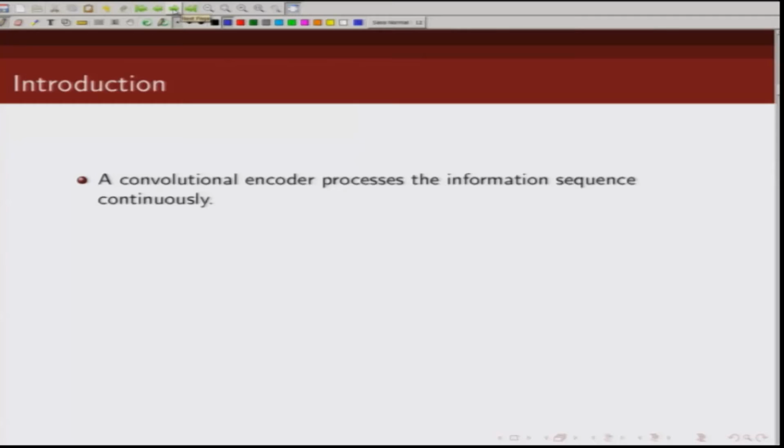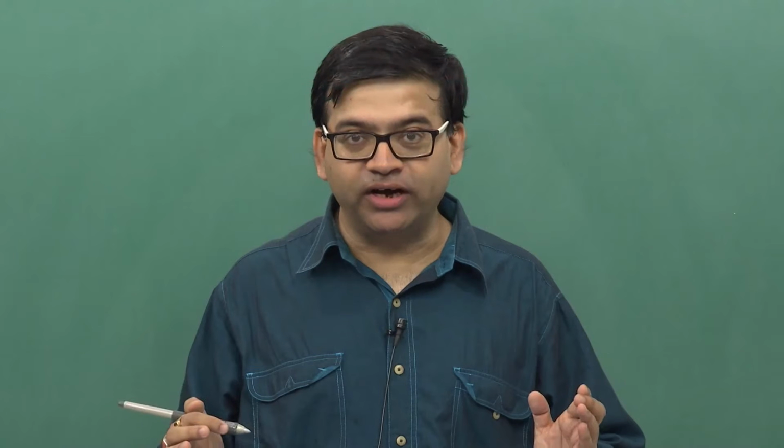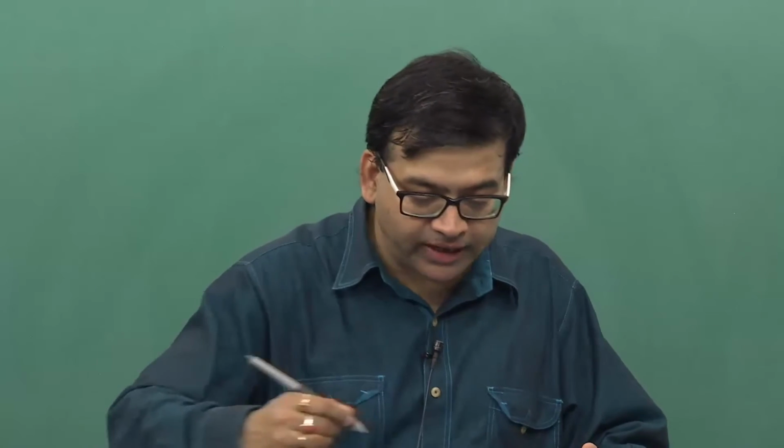convolutional code. As you know, a convolutional code processes information sequence in a continuous fashion. So, information bits come in and we can get continuous output from a convolutional encoder. We also know that the output of a convolutional encoder depends not only on the current input, but it also depends on past inputs and past outputs depending upon the memory of the convolutional encoder.